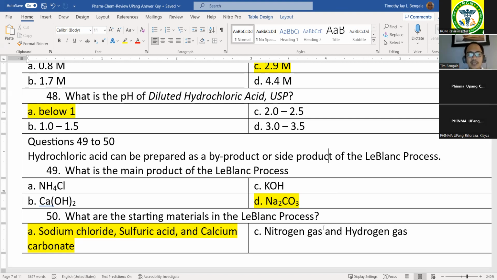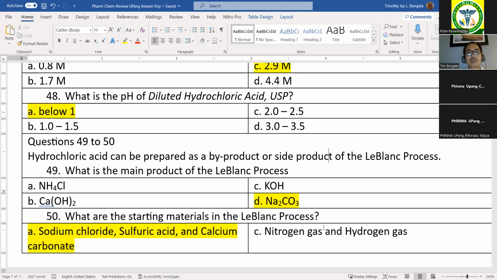sodium chloride, ano nga ba yan? Production of Leblanc, naalala ko tuloy, you have your sulfuric acid and sodium chloride, and then yung product mo, i-react mo with carbonates to produce your sodium carbonate for the Leblanc process.